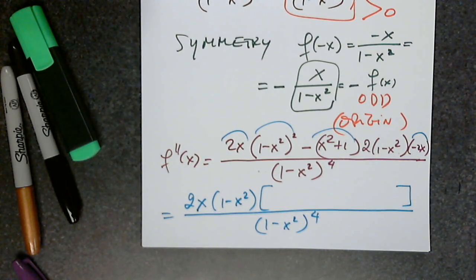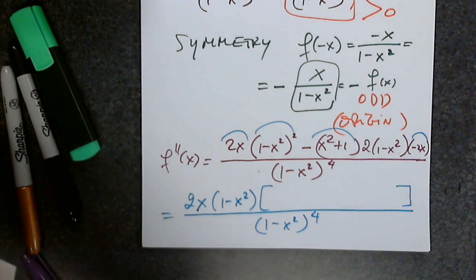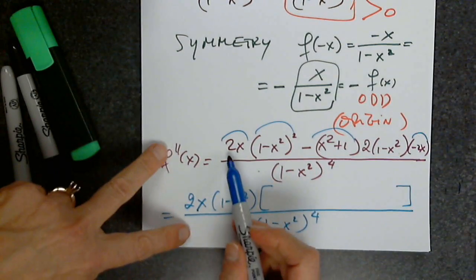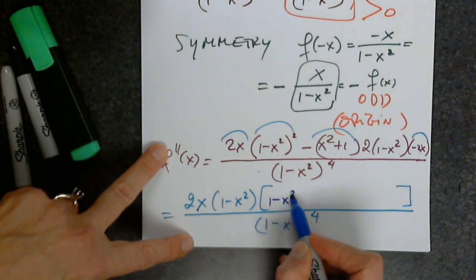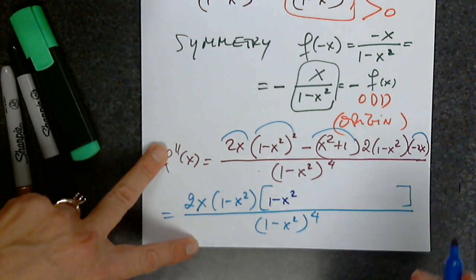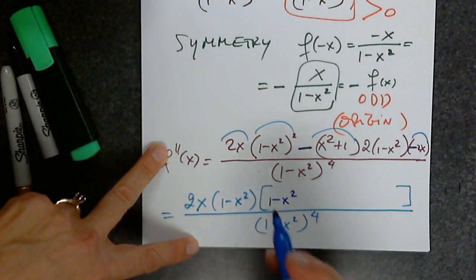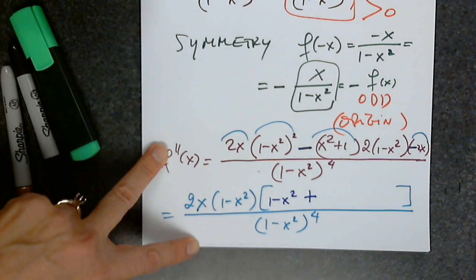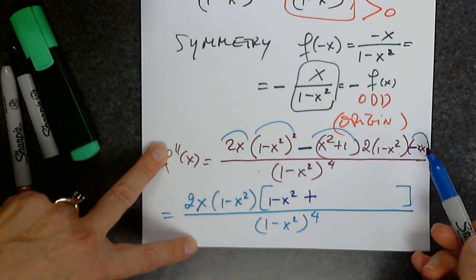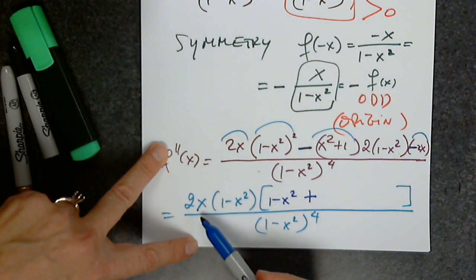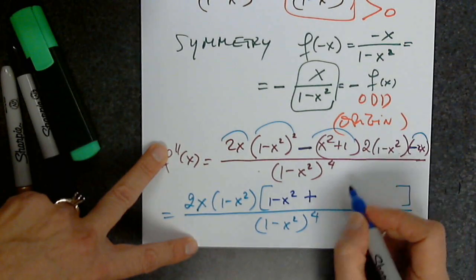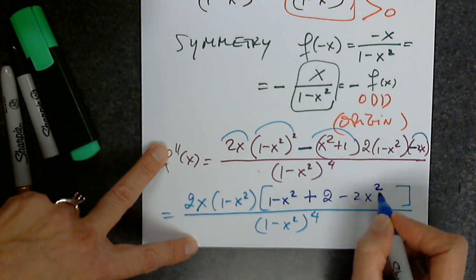I shouldn't say I won't be able to, but it will take forever. So yes, from here, a 1 minus x squared is left. Now remember, this is minus and this is minus, so it will change into plus. 2x from here is out and this is out. All I have to do is distribute here: 2 minus 2x squared.